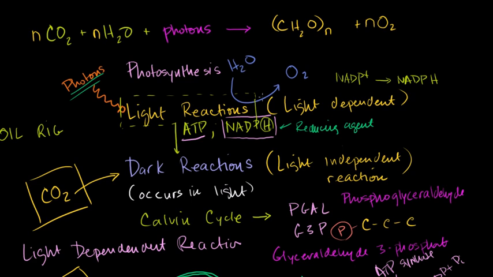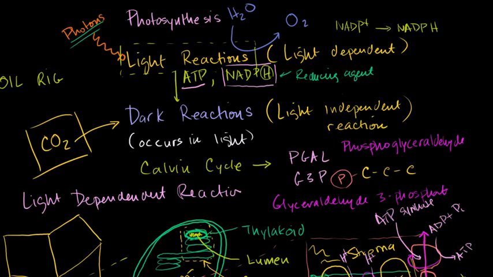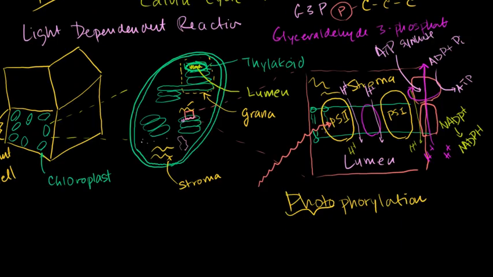Now, I also said that part of this process, and this is actually a very interesting thing, is that water gets oxidized to molecular oxygen. So where does that happen? When I said up here in photosystem 1 that we have a chlorophyll molecule that has an electron excited, and it goes into a higher energy state, and then that electron gets passed from one guy to the next, that begs the question: what can we use to replace that electron? It turns out that we literally use the electrons in water.